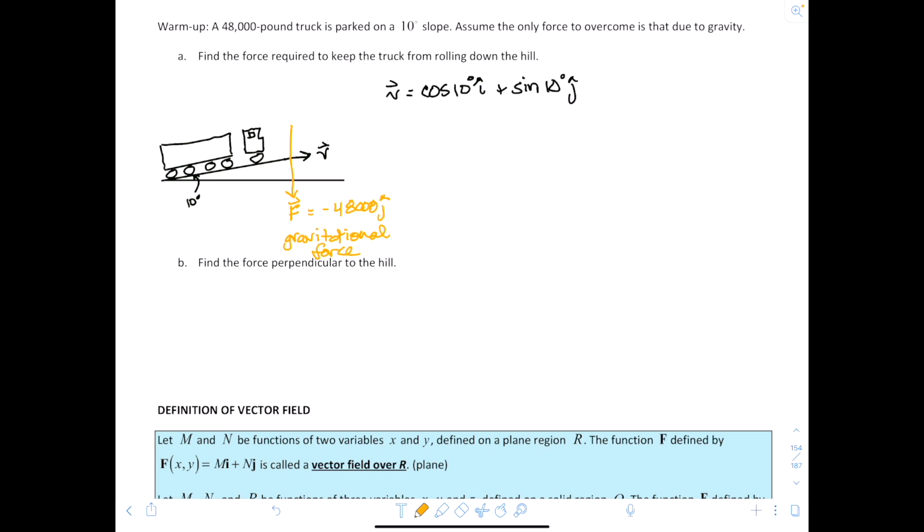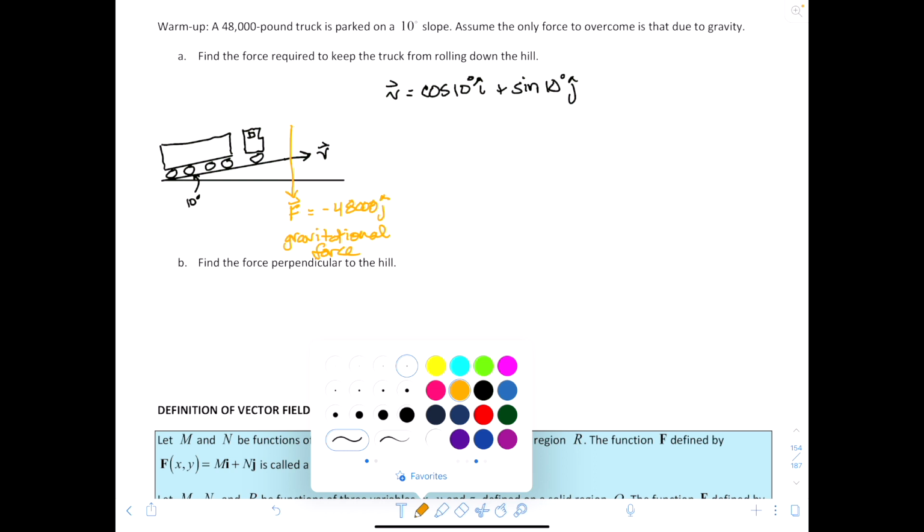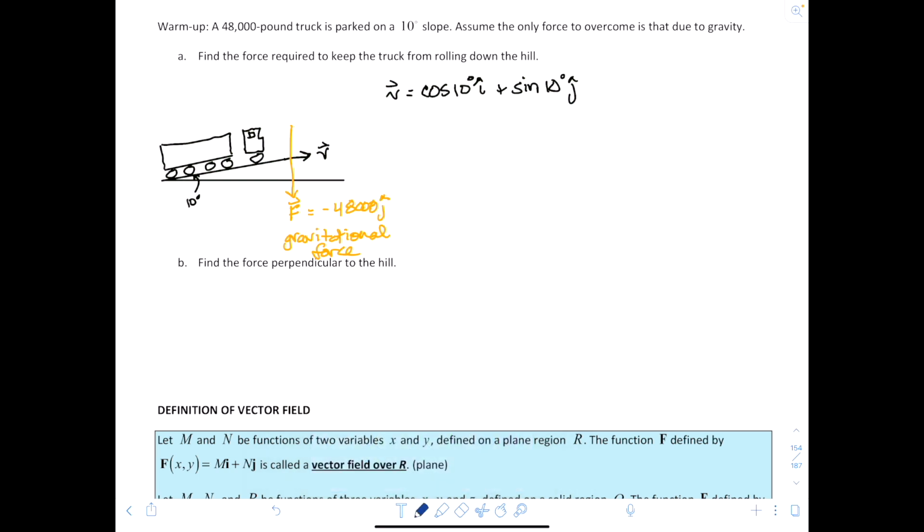All right, so the way to find the force required to keep the truck from rolling down the hill, let's call that W1. You might not remember that.